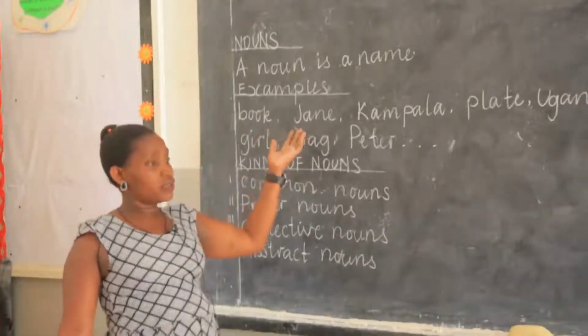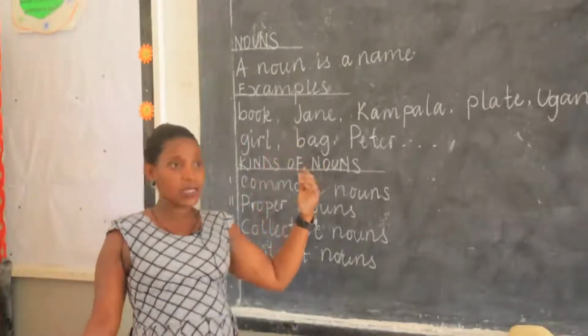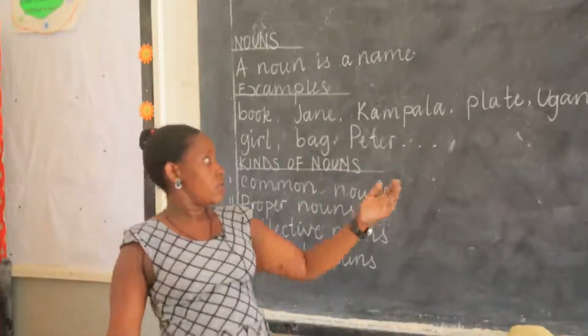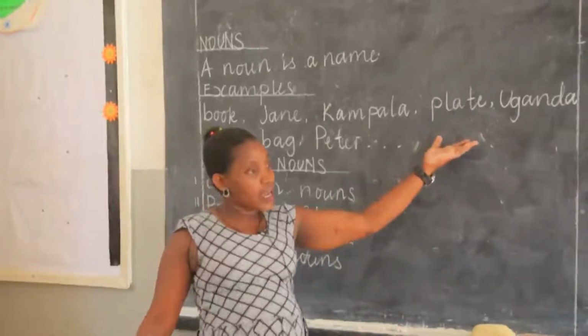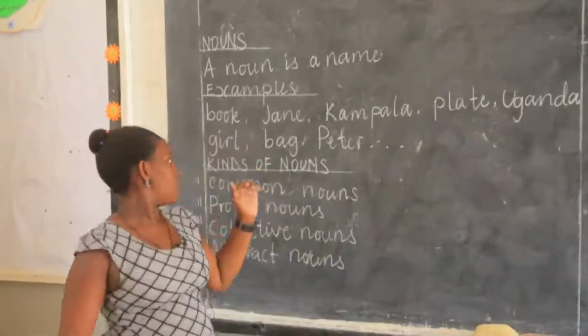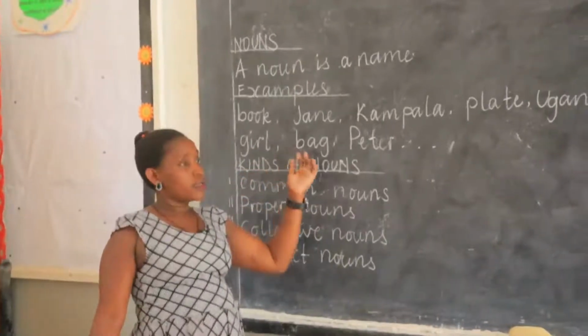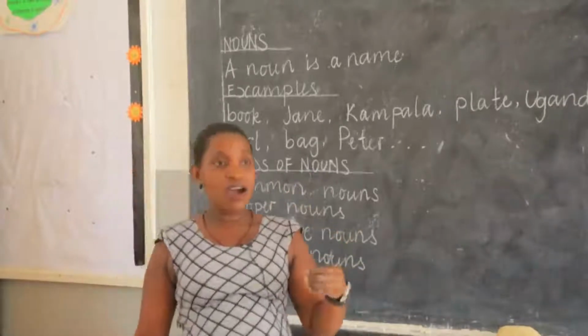Jane, yes, when you say Jane, since it is a name, it is a noun. Kampala, it is a noun. Plate, it is a noun. Uganda, it is a noun. Girl, noun. Bag, Peter, tree, desk, chair, house.